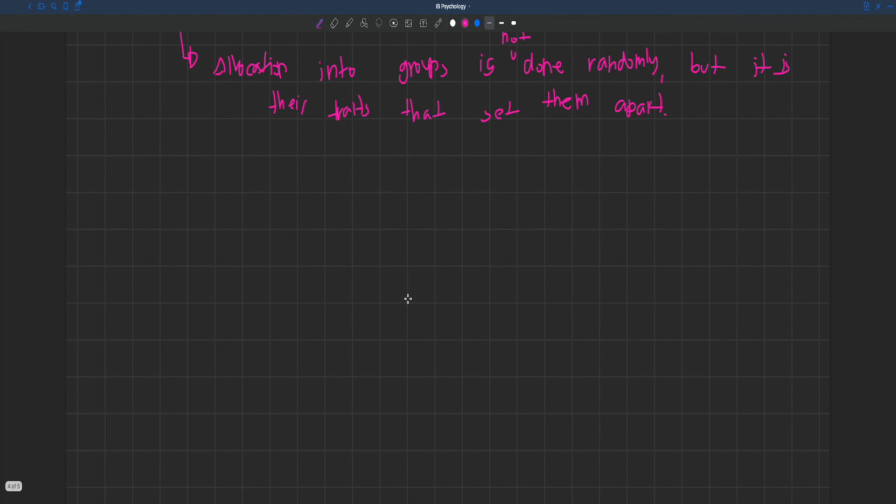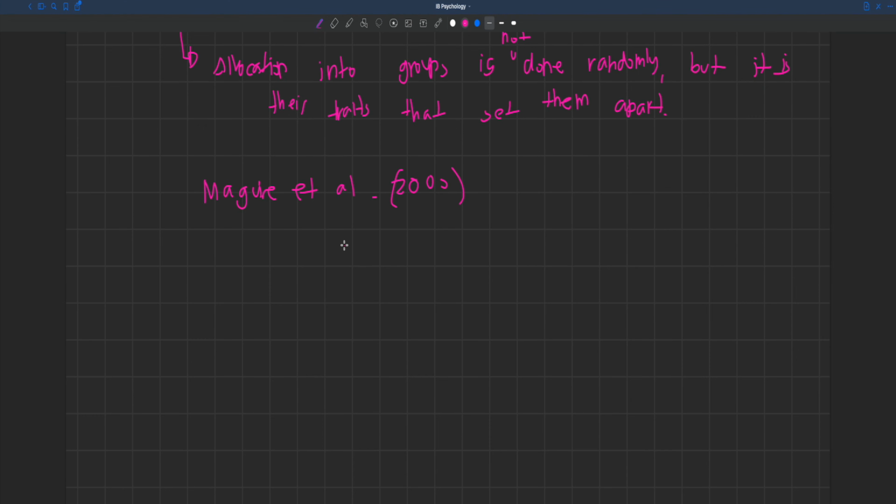Alright, so one example of a quasi-experiment would be Maguire et al. 2000. This is a good study to remember. Basically in this study, the researcher Maguire and others, et al. meaning other researchers, studied the changes in the brains of experienced taxi drivers by comparing the brain structure of licensed taxi drivers in London against other participants who are not taxi drivers.